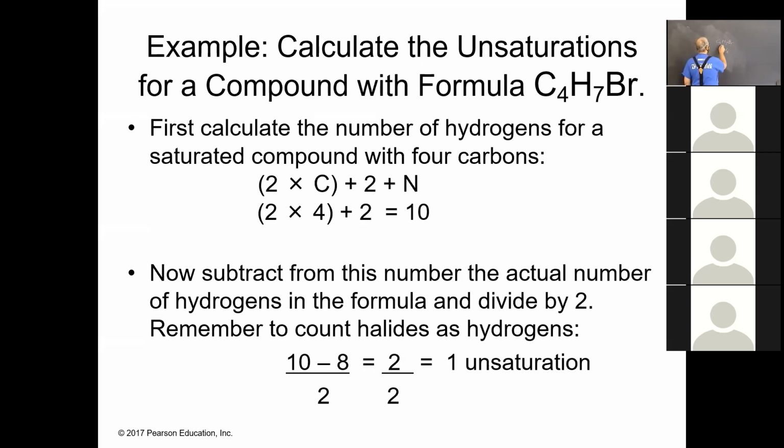And the fully saturated would have how many hydrogens? 10, good. So we're missing 2 hydrogens, therefore 1 unsaturation unit. So that unsaturation unit could be a ring or a double bond. Without other information, we wouldn't know. But that's helpful to know.